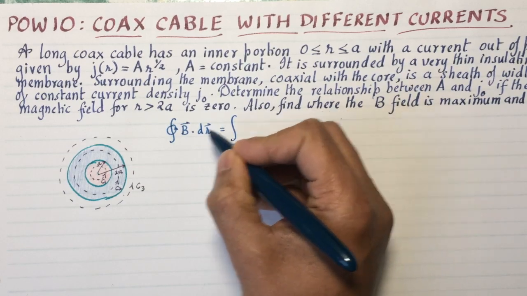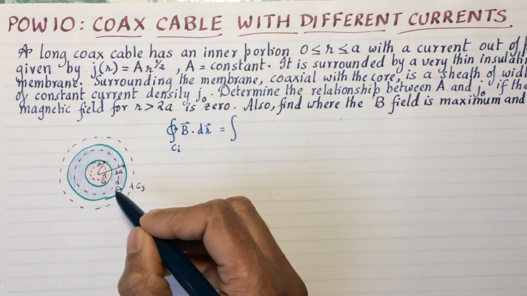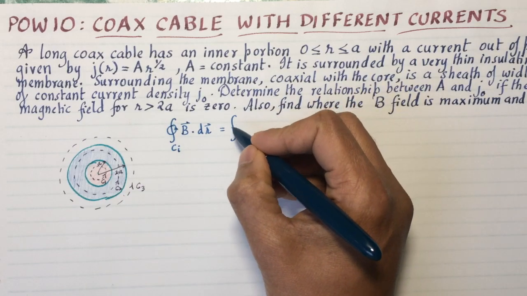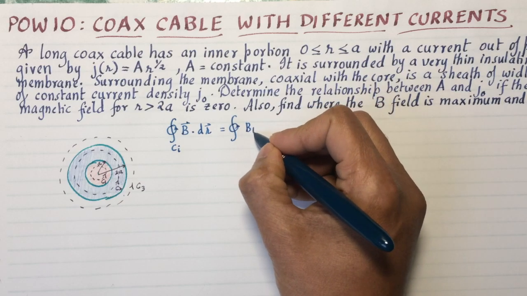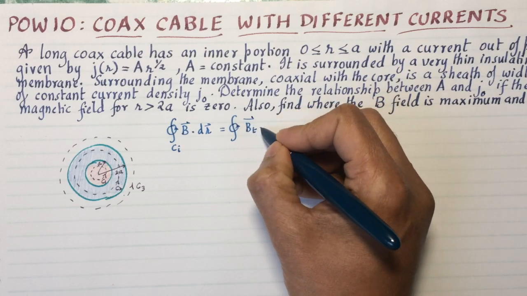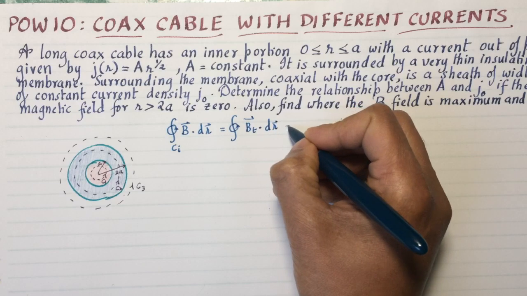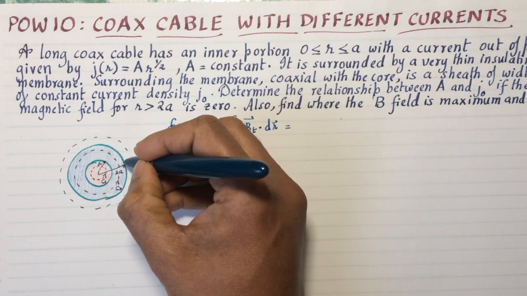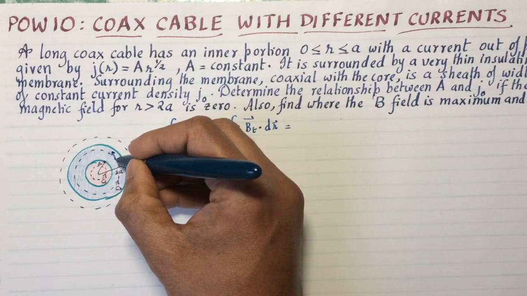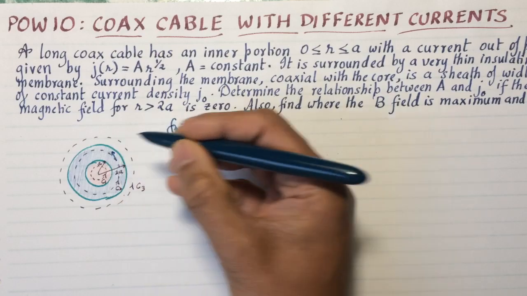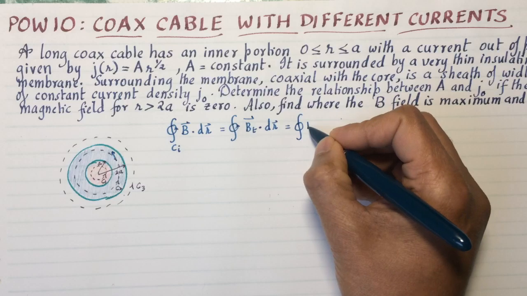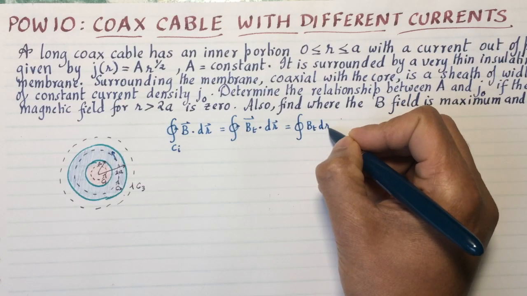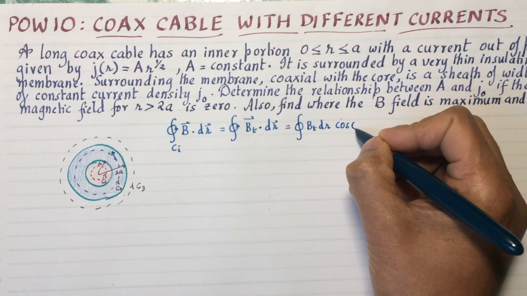The only contribution on any of these Ampere loops C sub i, I've indicated C1, C2 or C3, is going to be from the tangential component of the B field. And since the B field as well as the dr vector point in the same direction, I'm going to write that as Bt dr cosine 0 degrees.